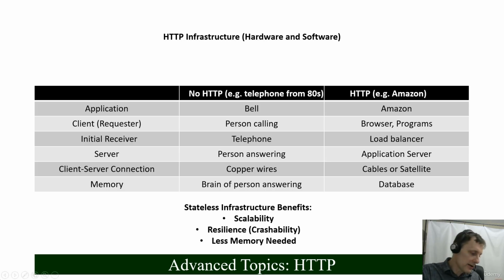So you can have a load balancer on one Linux computer and then application servers on another Linux computer, and then application servers on another Linux computer and another load balancer, and so on, and have the load balancer provide some kind of algorithm to choose which application server is going to meet that HTTP request. When that application server needs any kind of information, then that application server contacts the database. And this overall is how the HTTP infrastructure works, the hardware and the software.